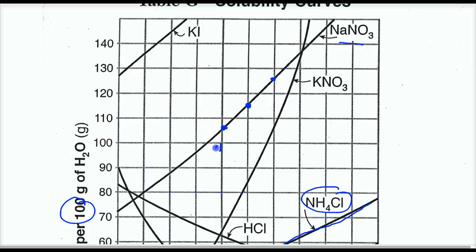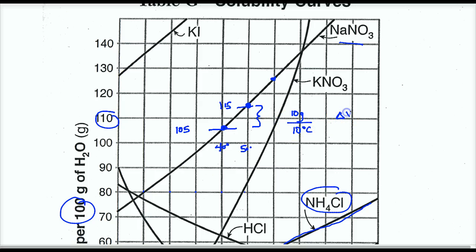Okay, so this is my 40 degrees, and this is my 50 degrees. It looks to me that this number is approximately 105. This number is 115. So the difference between these two places here is 10 degrees. Or I should say 10 grams. Remember, it's grams. That's my y over 10 degrees, my x.